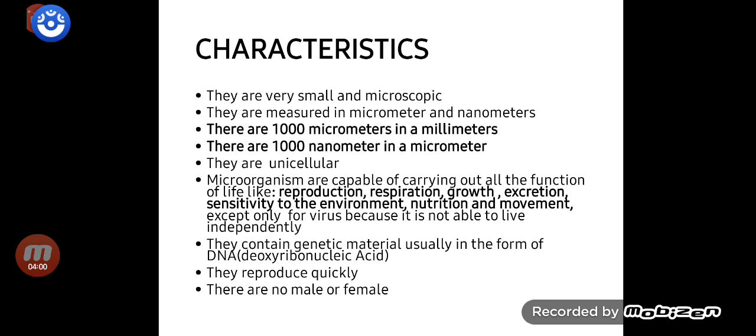They contain genetic material usually in the form of DNA. They reproduce quickly. There is no male or female in microorganisms.